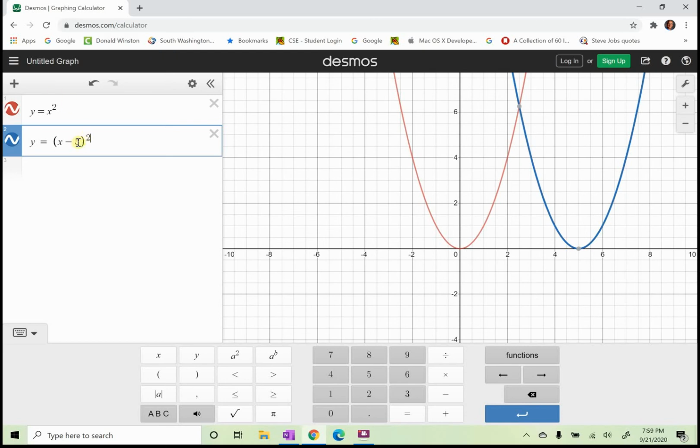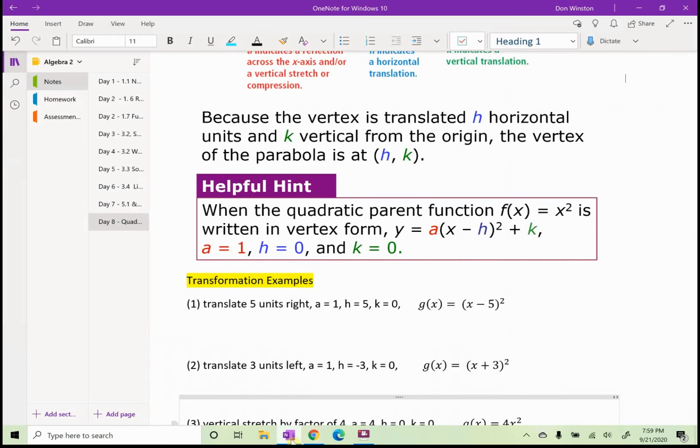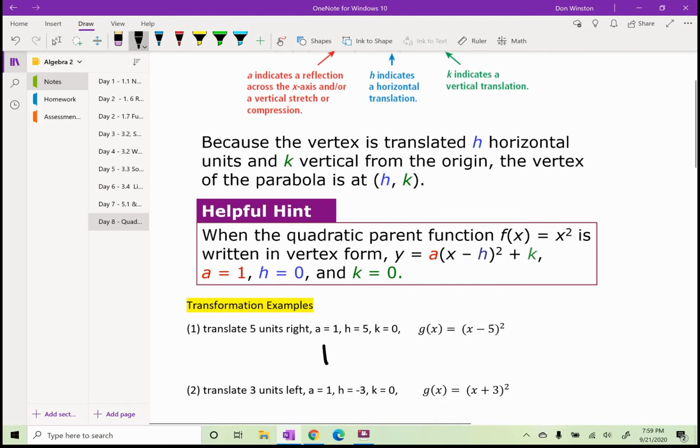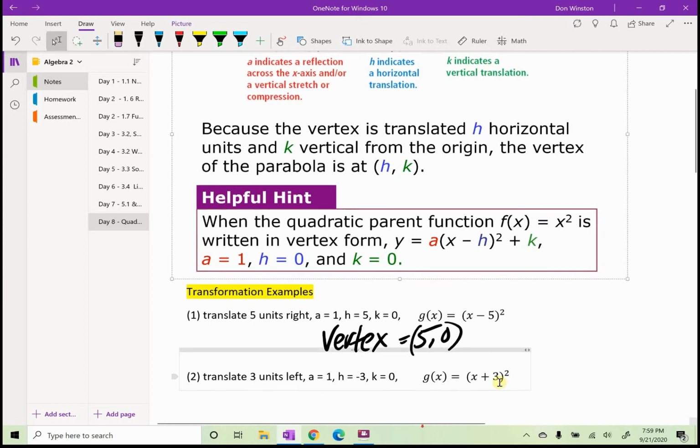Notice that my vertex is (5, 0), h is 5, and k is 0. So I'll write the vertex there: the vertex equals (5, 0). Again, that's why we call it the vertex form. So that was translating 5 units right.